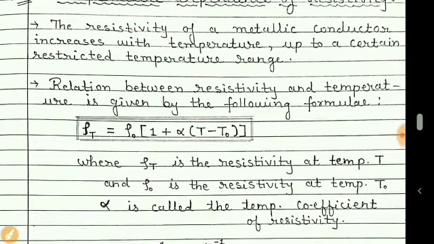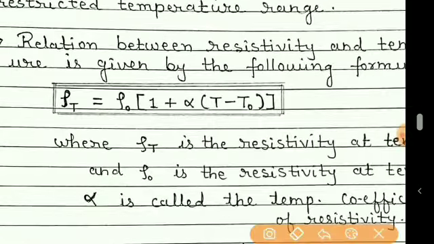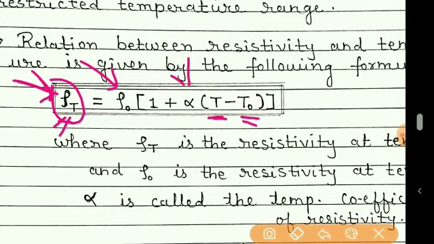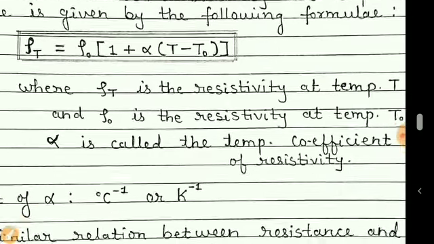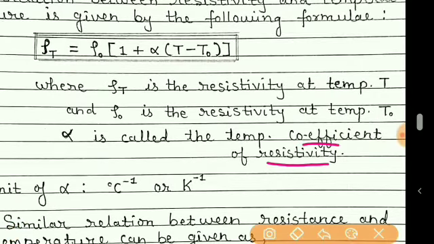Now in this formula, rho T, where rho means resistivity and T means the resistivity at this temperature. Here rho naught is also resistivity, but it is the resistivity at temperature T naught, and alpha is the temperature coefficient of resistivity, a constant for a given material.